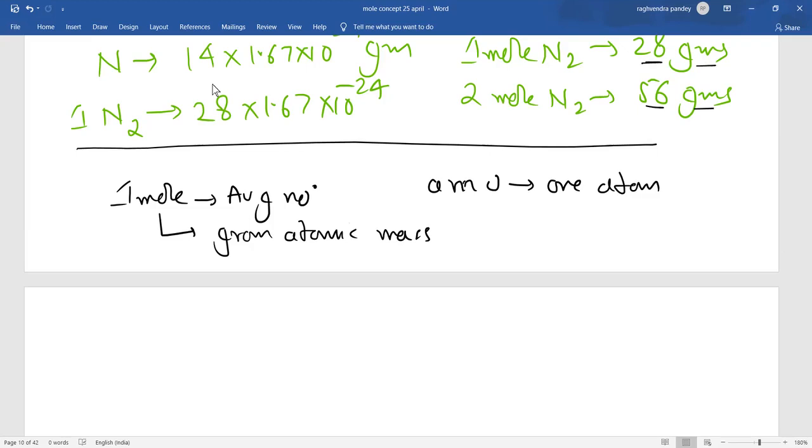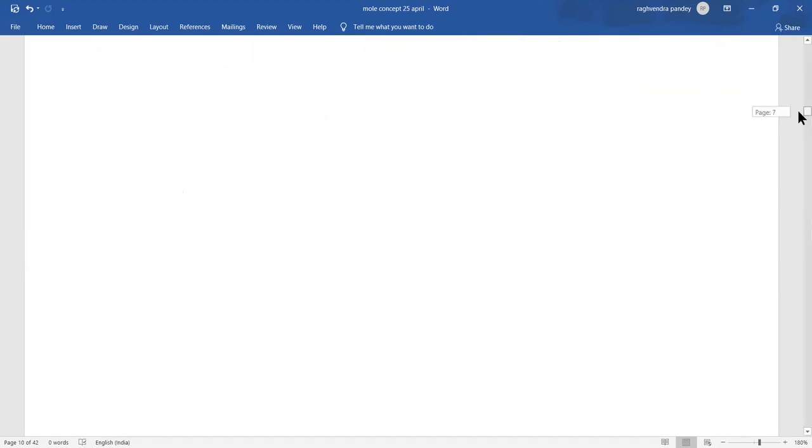We can write it as 28 AMU for one nitrogen molecule. For one nitrogen atom, 14 AMU. And that is for 1 mole. So you have to understand the difference. Okay, let's just move forward.